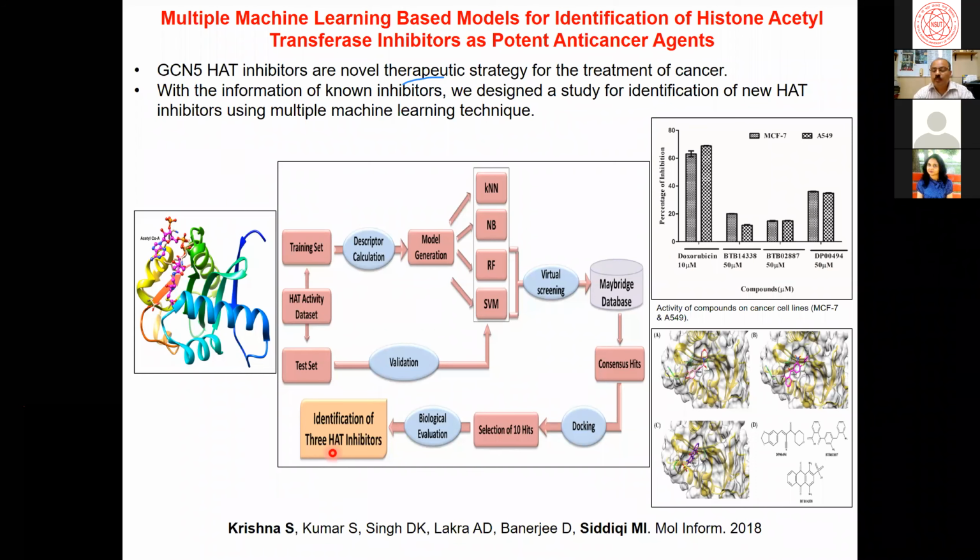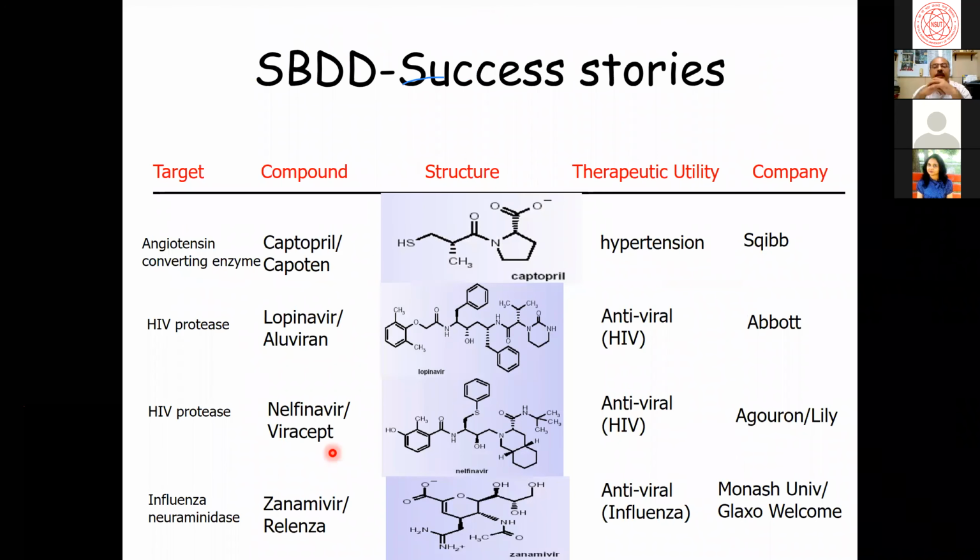So these are some of the examples from my group, but there are many examples that have been cited where, instead of simply identification of lead molecules, they have gone on to develop real molecules that have shown therapeutic utility. For example, some very important examples of structure-based drug design include the development of captopril, which was developed by targeting angiotensin converting enzyme, used for treating hypertension, and developed by Squibb. Also HIV protease inhibitors like lopinavir or nelfinavir.